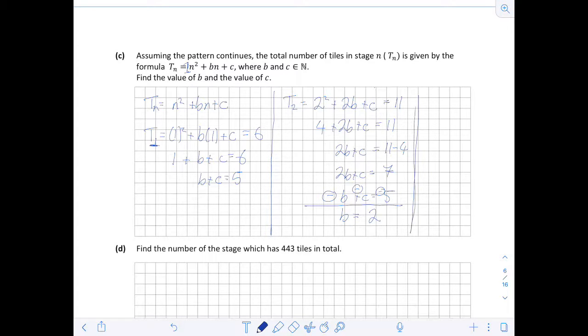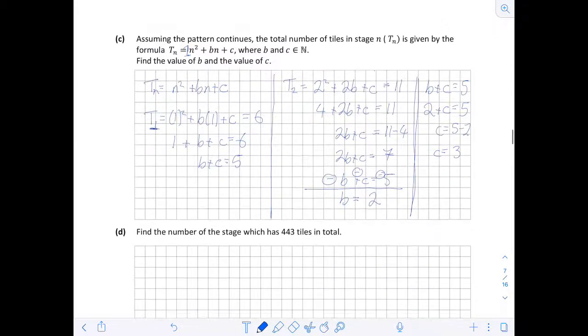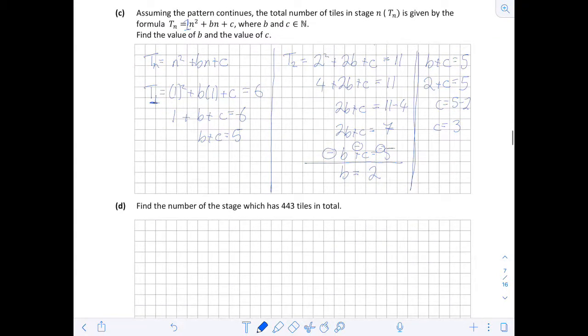Now, if b is equal to 2, how do I work out what c is? So b plus c is equal to 5. So we have 2 plus c is equal to 5. So c must equal 5, take away 2. So c must equal 3. Okay, so we have solved for b and c.